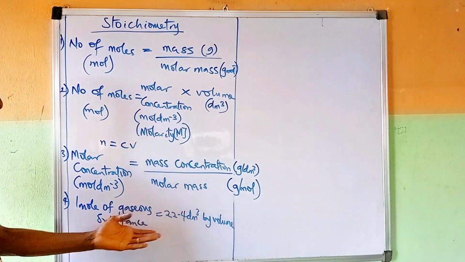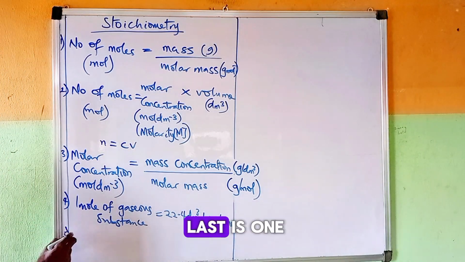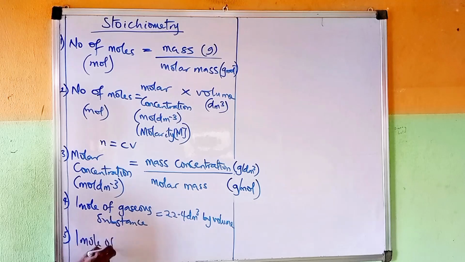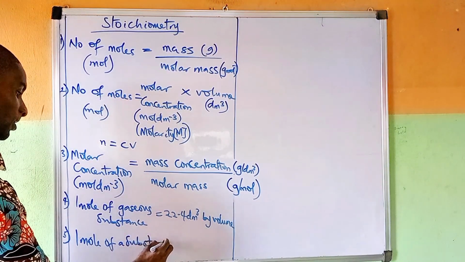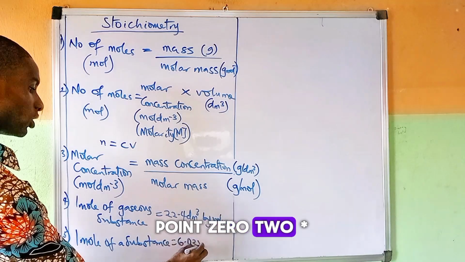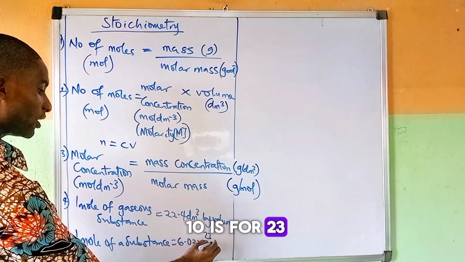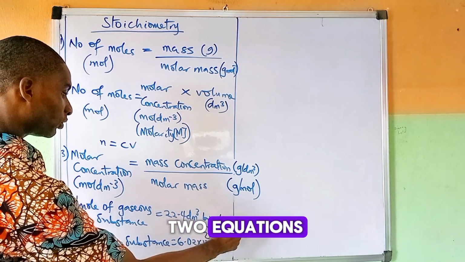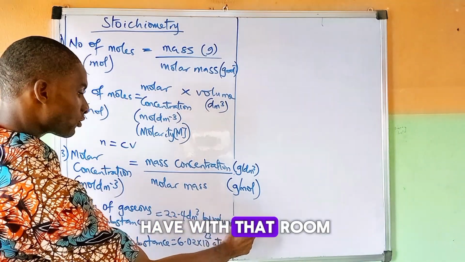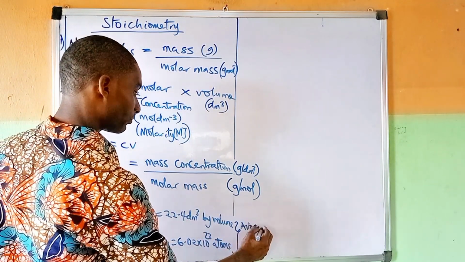We can call this the molar volume. And of course, the last is that 1 mole of a substance is equal to 6.02 times 10 to the power 23 atoms. So these last two equations are called the Avogadro's constant. They are constants.